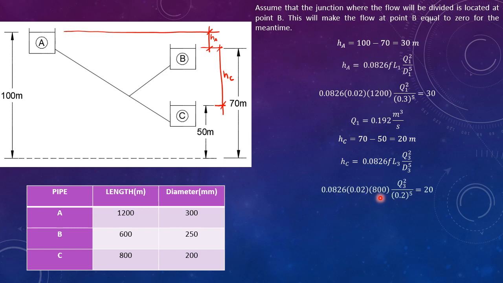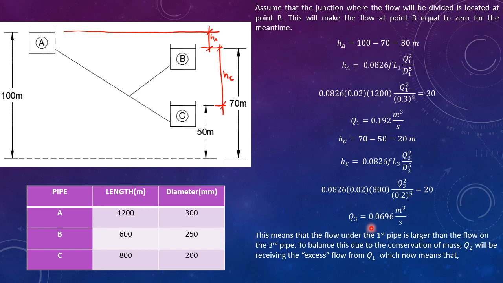Substituting the values, F is 0.02, L3 is 800 meters, Q3 is unknown, D3 is 0.2 meter, and this is equal to 20 meters. Solving for Q3, Q3 is equal to 0.0696 cubic meter per second.